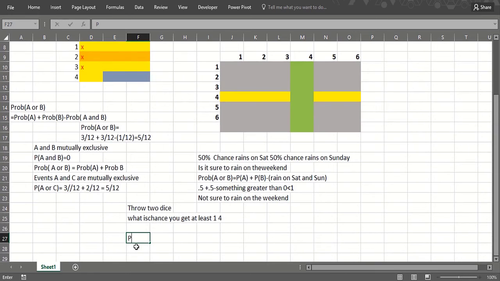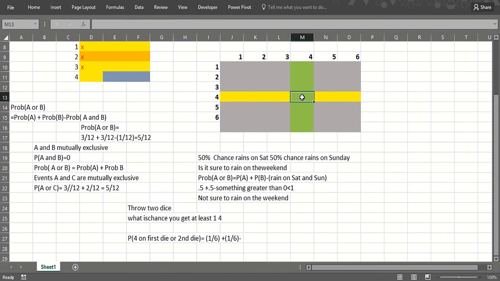So the probability of getting a 4 on the first die or the second die would equal 1/6, the chance of getting it on the first one, plus 1/6, the chance of getting it on the second one, minus the chance of getting it on both.